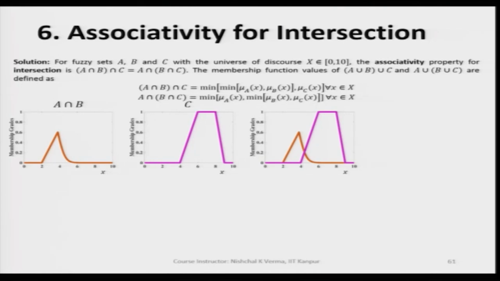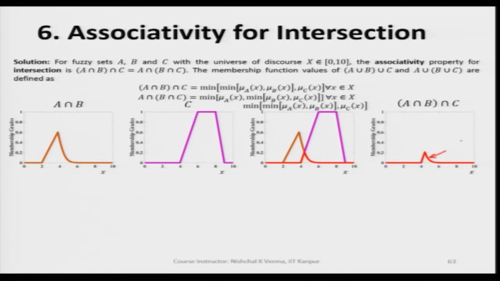If we apply the min condition, we are getting this fuzzy set, which is again a subnormal fuzzy set, and this is the outcome of A intersection B intersection C. So, this is how we get the outcome of A intersection B intersection C.